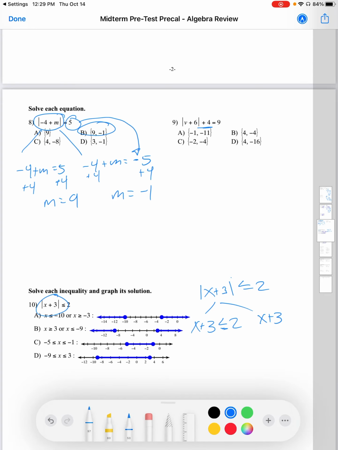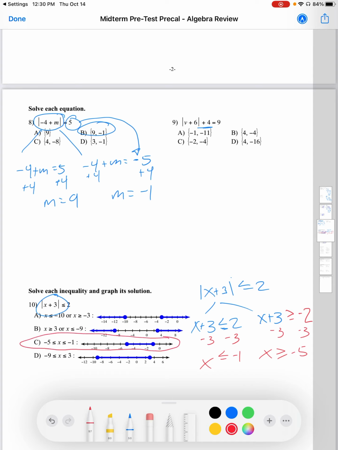We're going to change it to greater than or equal to, and change the 2 to a -2. Okay, from there we're doing opposites. Okay, so two answers. X is less than -1, x is greater than or equal to -5.